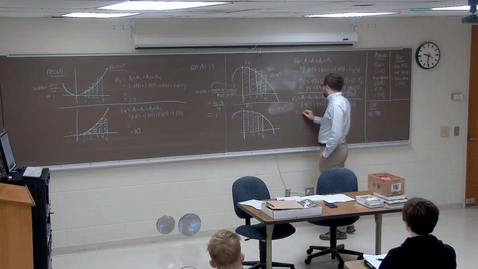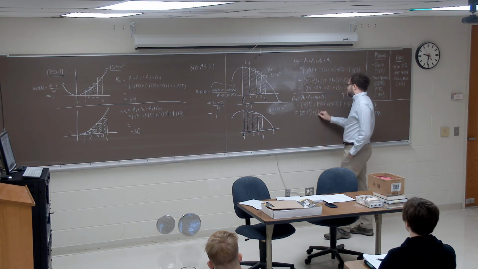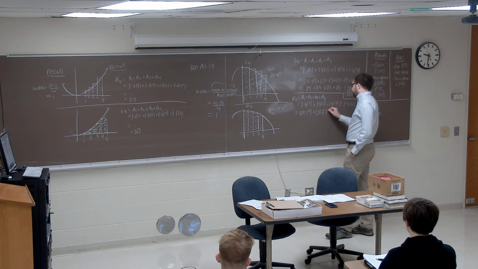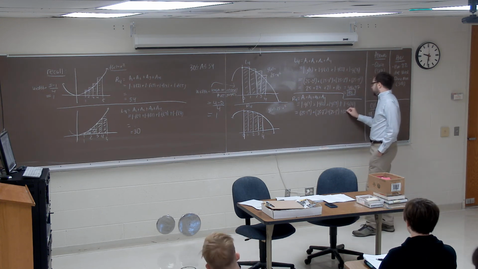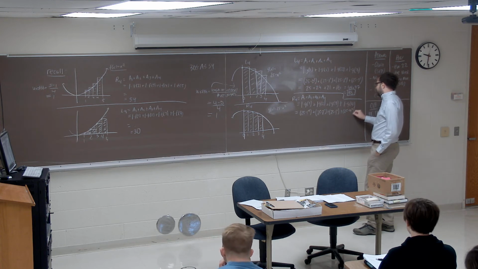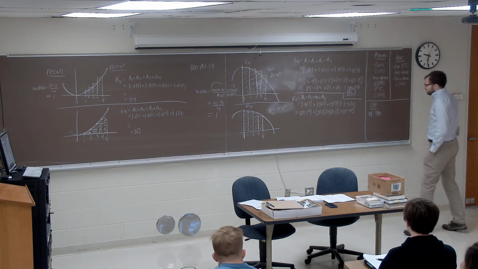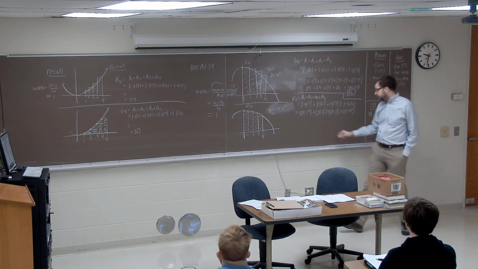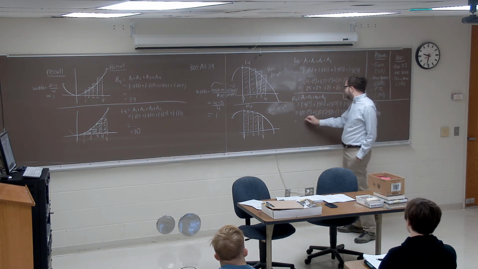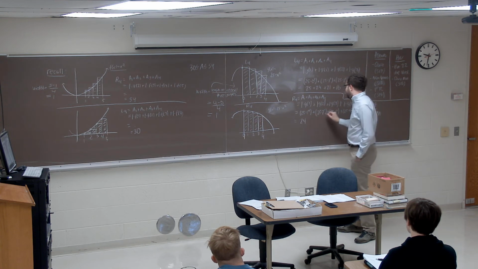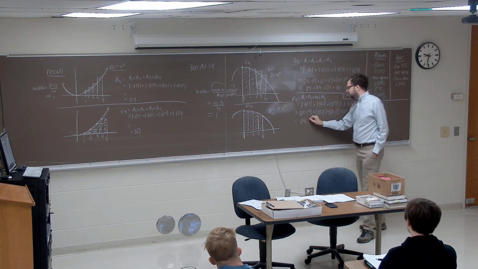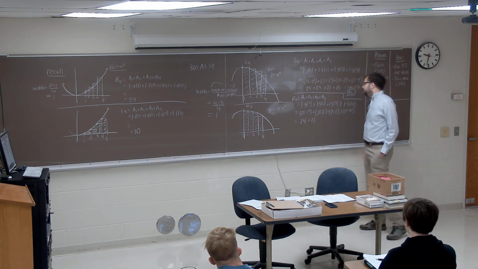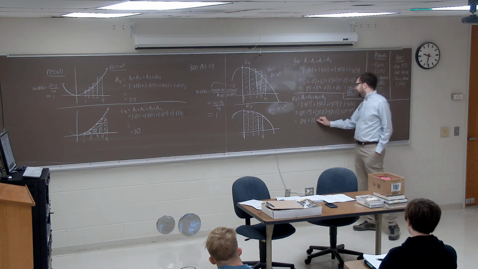So that's going to give us 25 minus 1 squared plus 25 minus 2 squared plus 25 minus 3 squared plus 25 minus 4 squared. Just plugging in 1, 2, 3, 4 into our function, g of x, which is 25 minus 1 is 24, 25 minus 4 is 21, 25 minus 9 is 16.